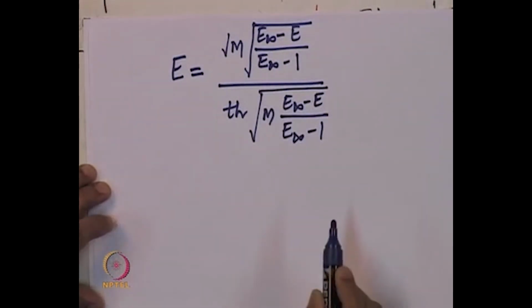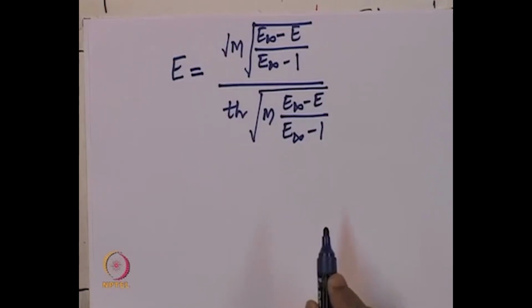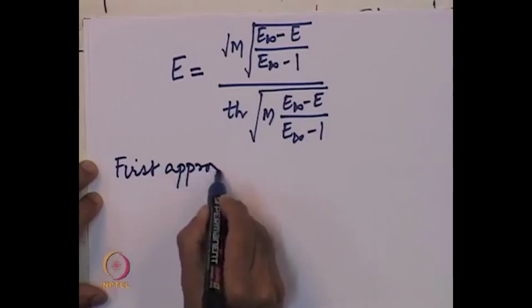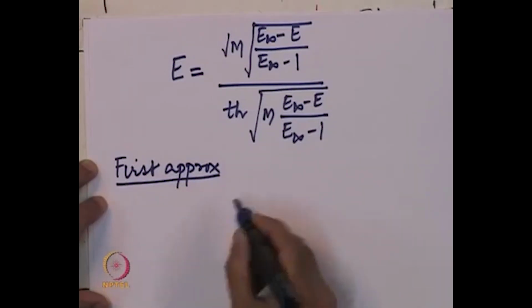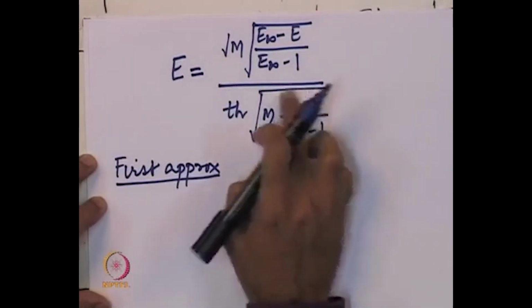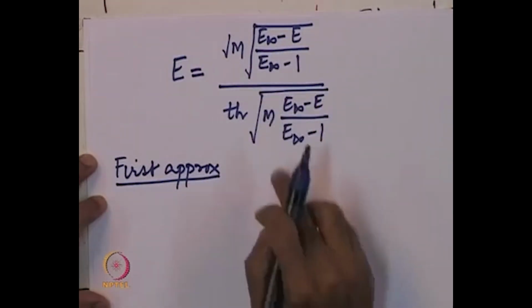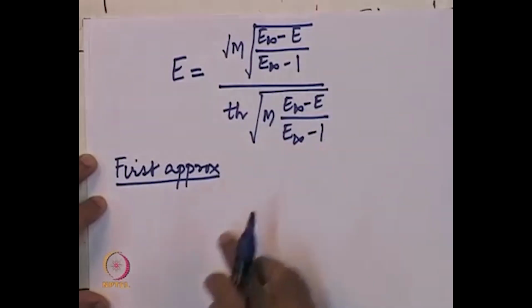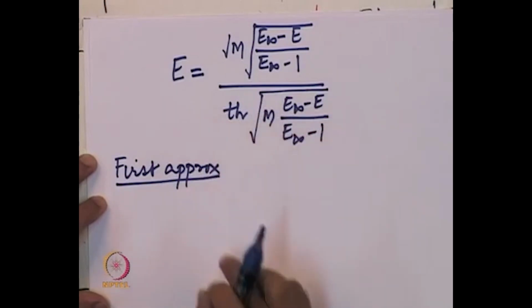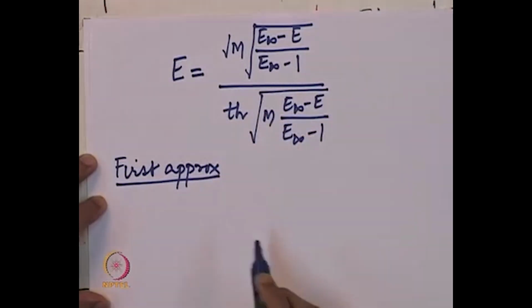In order to simplify our calculations and in order to put in place an iterative scheme for calculating the value of enhancement factor, we will calculate a first approximation as E is equal to the numerator. In other words, we assume that the value of this modified Hatta number, if you like, root m times the square root of (E infinity minus E) divided by (E infinity minus 1), is large enough, that is, it is larger than 3, so that we can assume the hyperbolic tangent of this quantity to be nearly equal to 1.